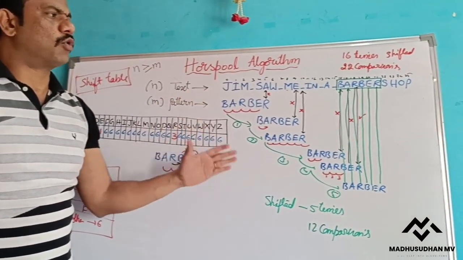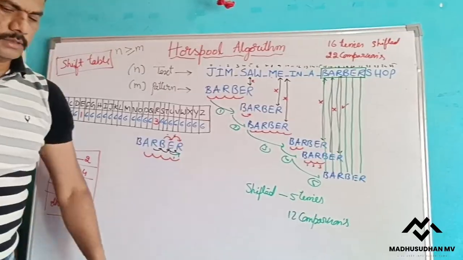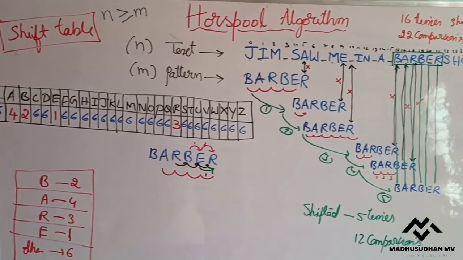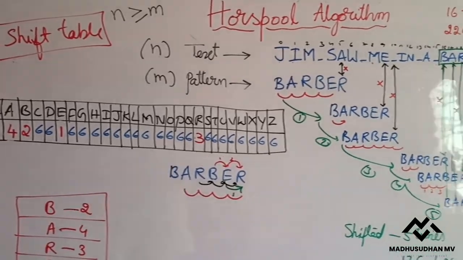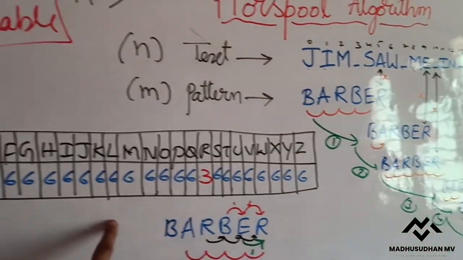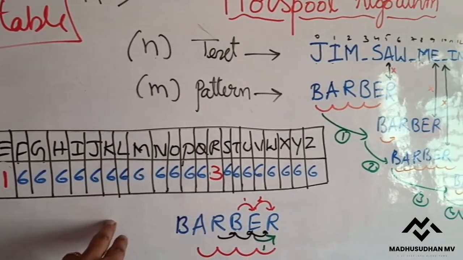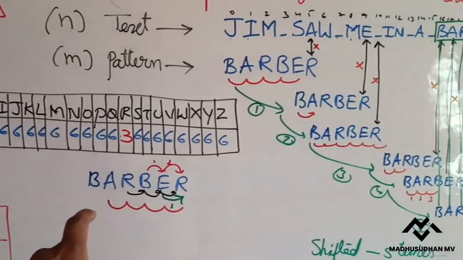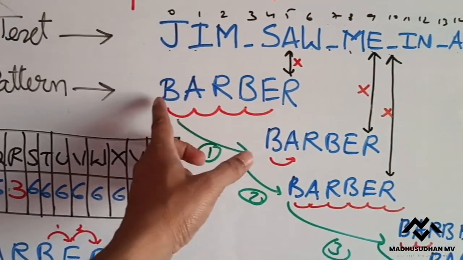Let us see how to write this algorithm. Now let us see the steps to be followed for the Horspool algorithm. First, we constructed the shift table for the given pattern. Second, we aligned the pattern against the text from the beginning.